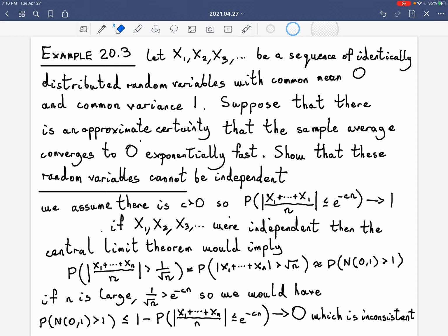So the central limit theorem tells you that with independent random variables, you will have some noise which prevents the average from converging to the mean exponentially fast. And so if you have exponentially fast convergence to the mean, then there has to be some sort of correlation between the random variables, which is making that happen.